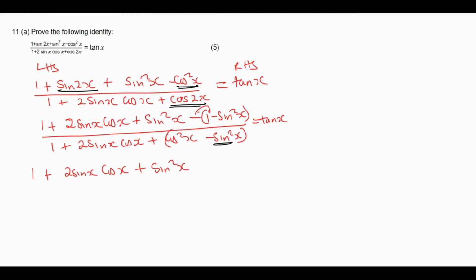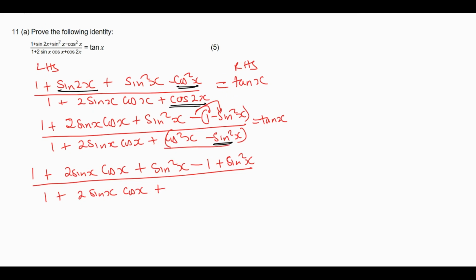Let's remove the bracket here. Becomes minus 1 plus sine squared x. All this over 1 plus 2 sine x cos x plus, let's remove the bracket, does not change anything, cos squared x minus sine squared x. Then we're going to replace this with 1 minus cos squared x.